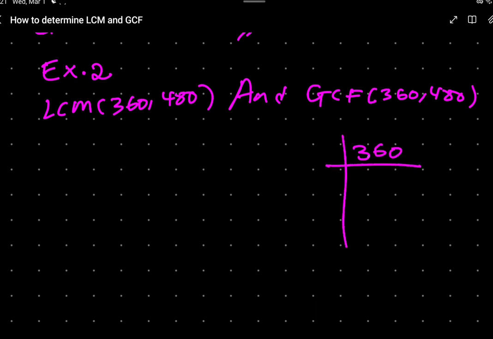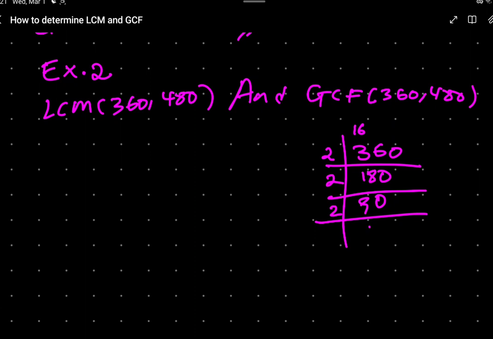So you can prime factorize this 360, first by 2. 360 divided by 2 is 180. Then again by 2, it is 90.